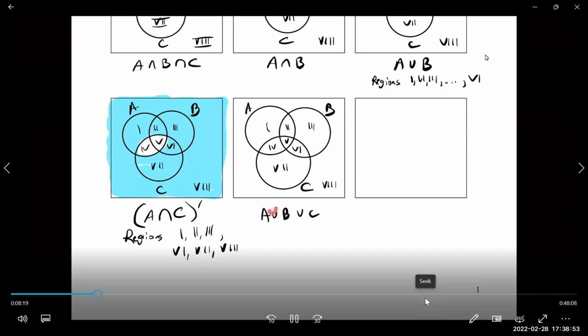Yeah, because union means everything in all 3 sets. Everything except the 8, right? Everything except 8. So regions, I'm just gonna say 1 through 8. Oh, 7, yeah, 1 through 7. So for that, we're gonna just highlight just the 3 circles, but not the outside part.